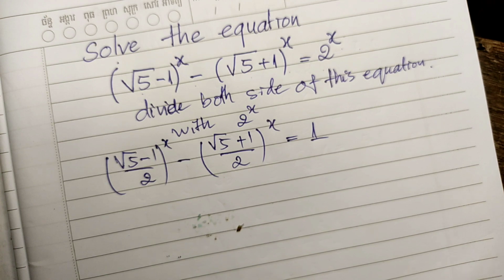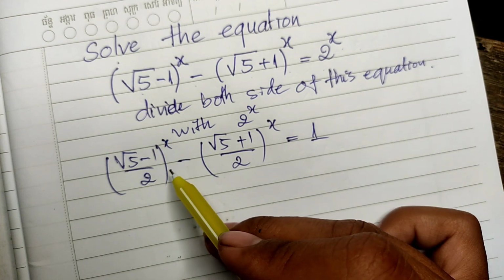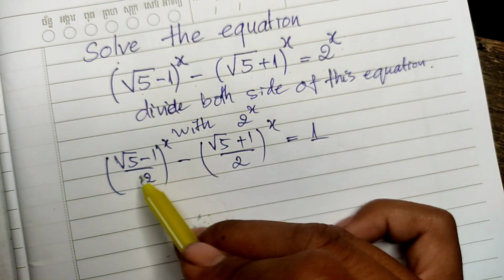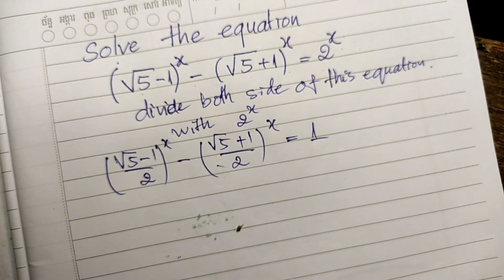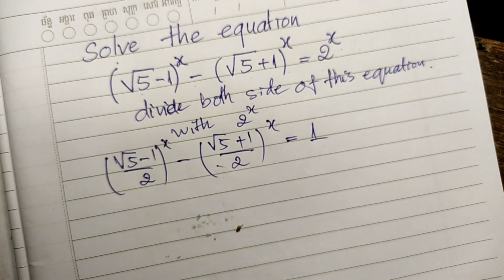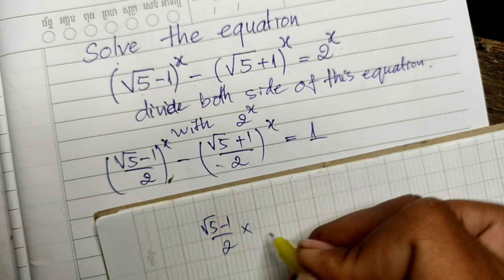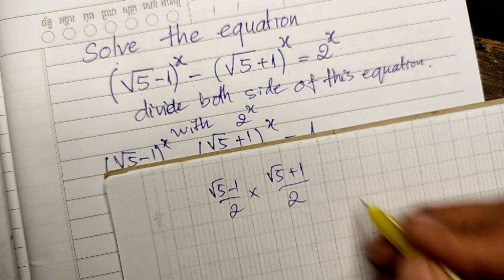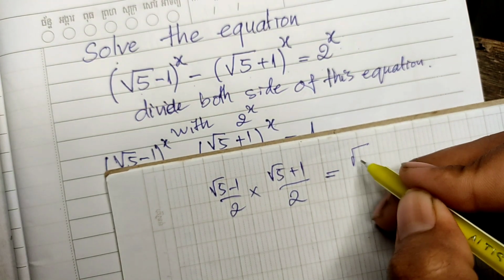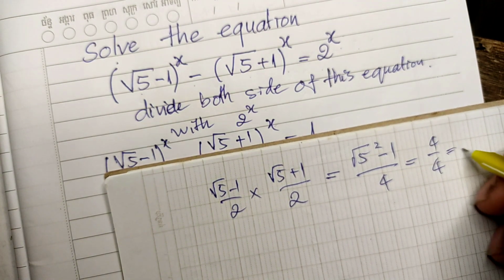Now let's see our equation. On the left side the bases are different and the powers are the same. Now we know that (√5 − 1)/2 multiplied by (√5 + 1)/2 equals (√5² − 1)/4, which equals 4/4, which is 1.